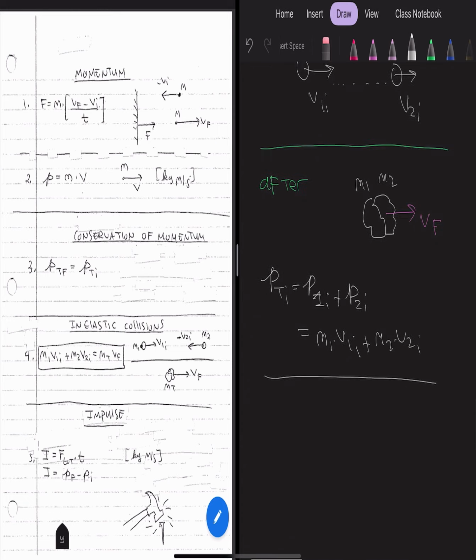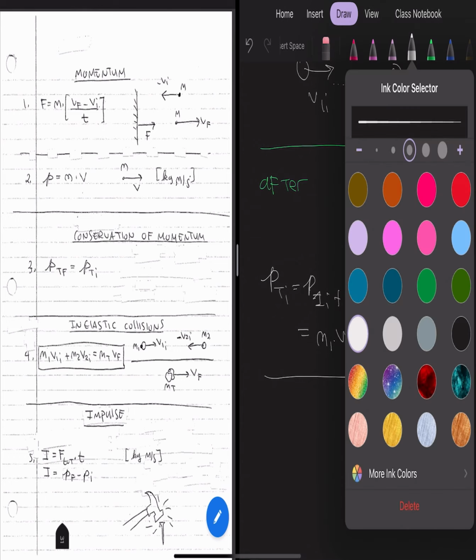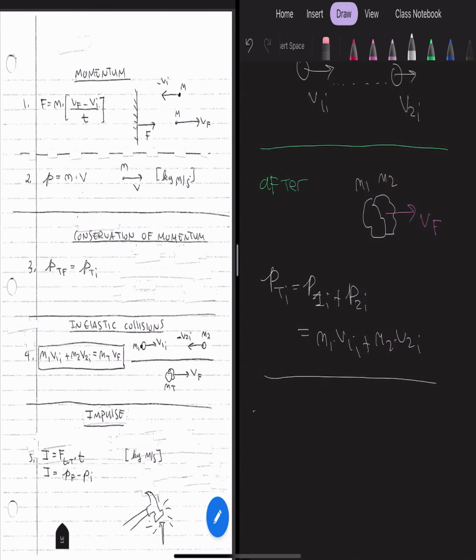And the total momentum after the collision is P total final, and that is just the total mass moving at the common velocity v final. So I'm just going to say m total multiplied by the final velocity.